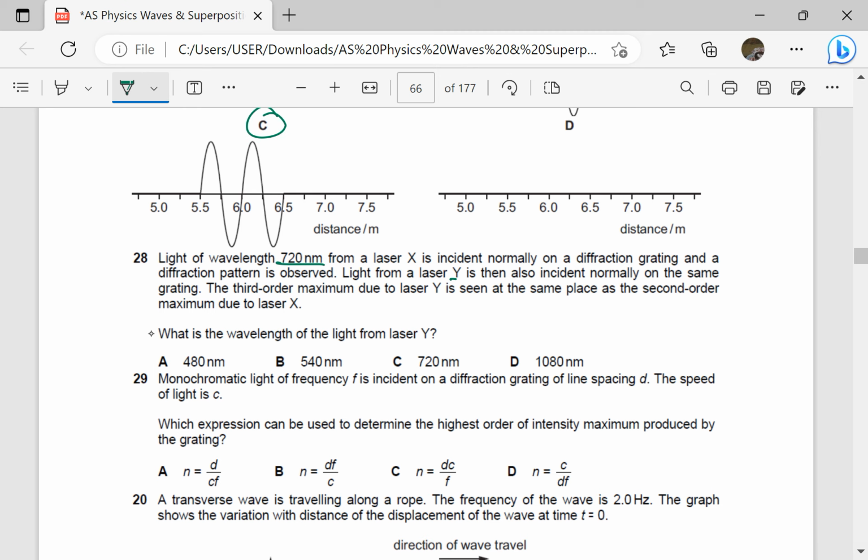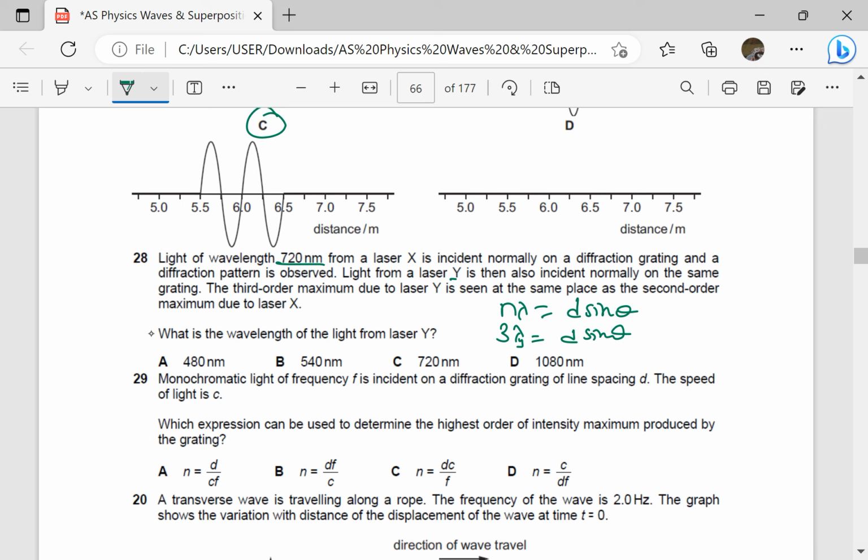So for a diffraction grating, n lambda is equal to d sine theta. For Y, which is a third order, its wavelength is not known. I'll call it lambda for Y, so 3 lambda Y is equal to d sine theta, it is the same grating, and theta is the same because the orders are appearing in the same place.